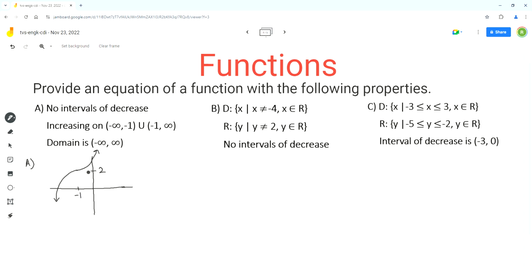We can write the general equation for a transformed cubic function. The graph for base cubic function looks something like this.